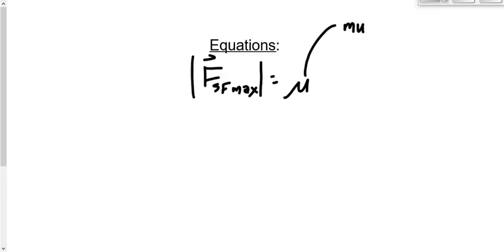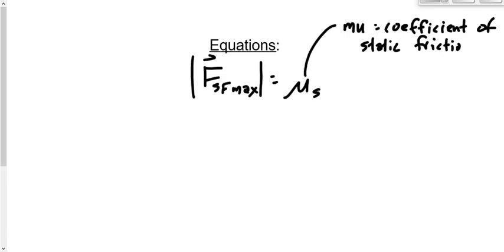Right? It's mu because it looks like an M, looks like a U. It's just a variable that we call the coefficient of static friction. And it's really a measurement of how much two things stick together.